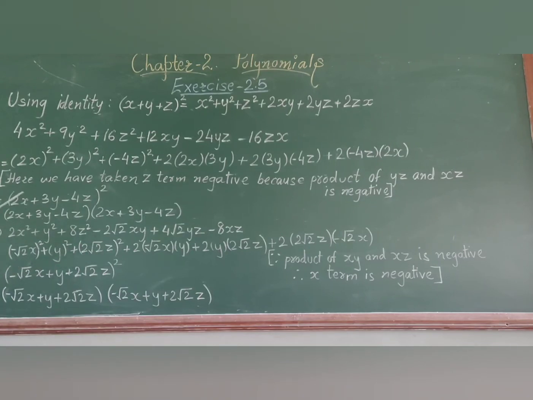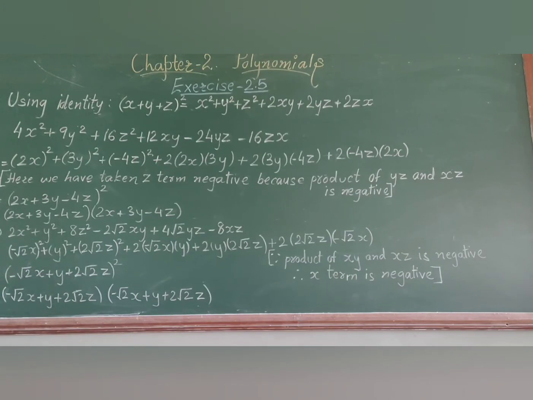Plus 2 into minus under root 2x into y, plus 2 into y into 2 under root 2z, plus 2 into 2 under root 2z into minus under root 2x. That is, our x value is minus under root 2x, y is y, and z value is 2 under root 2z.